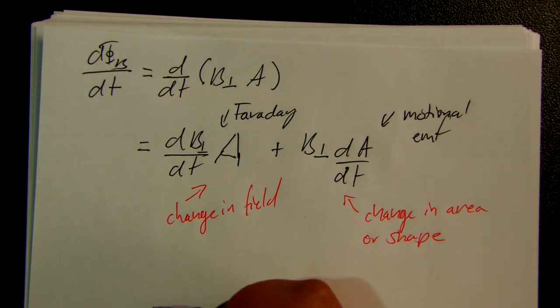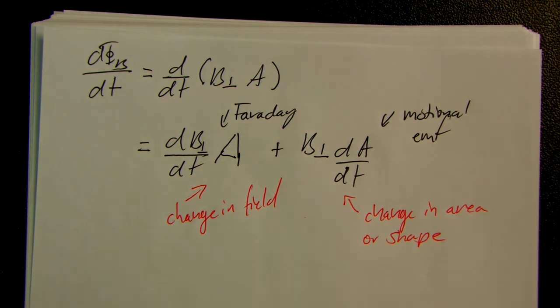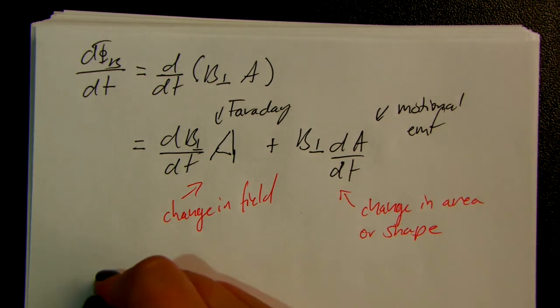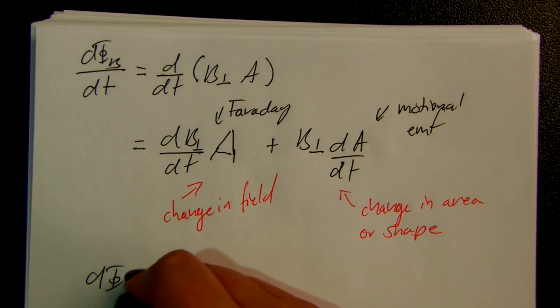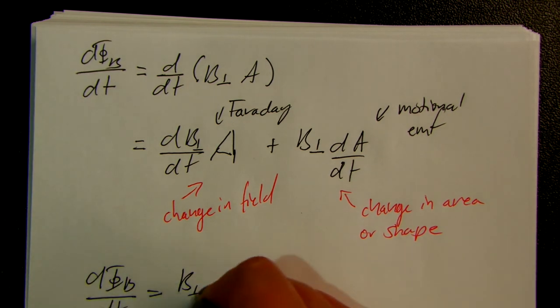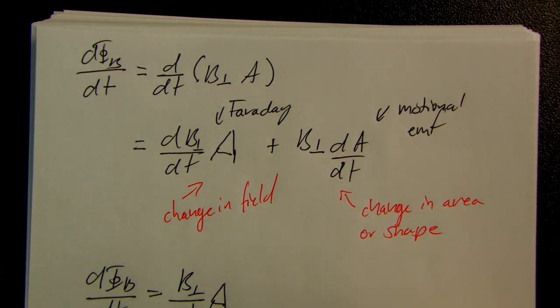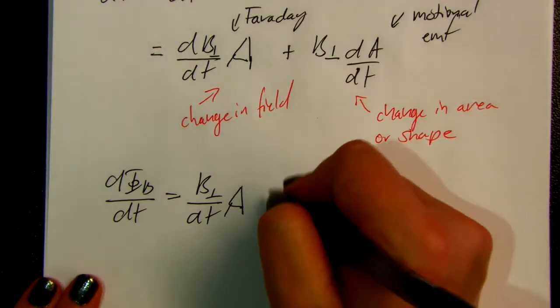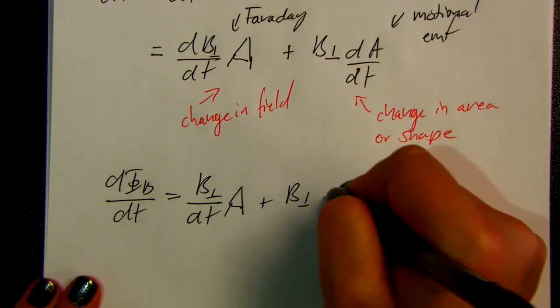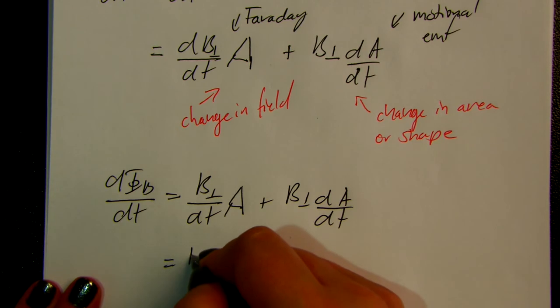Okay, so we can look at this from a motional EMF perspective. dΦ/dt is equal to dB perpendicular/dt times A, plus B perpendicular dA/dt, which is equal to dB perpendicular/dt times A plus B perpendicular L dx/dt. I'm having some real issues with those A's, my goodness.